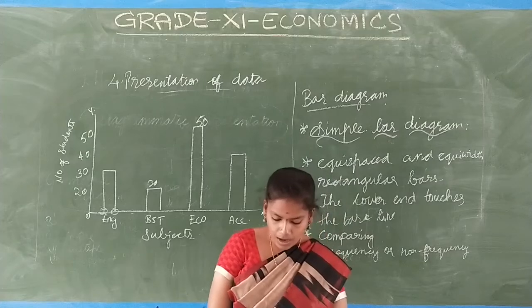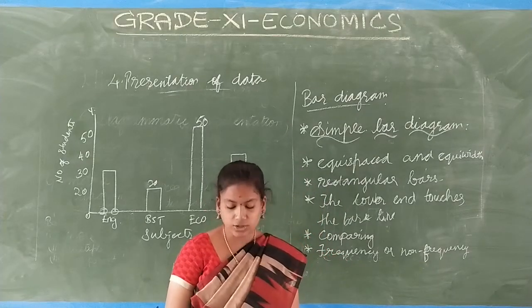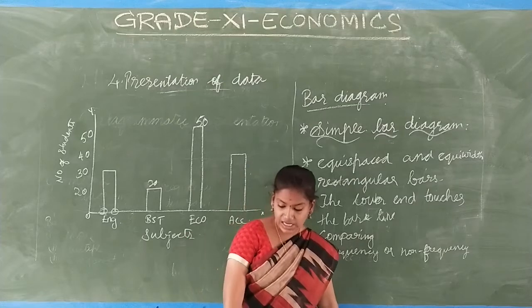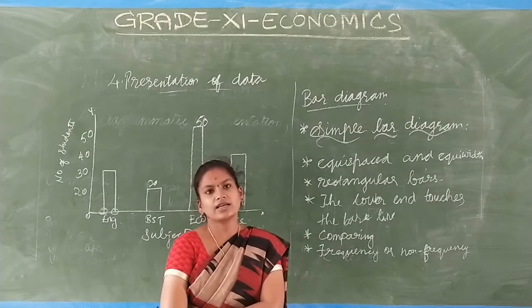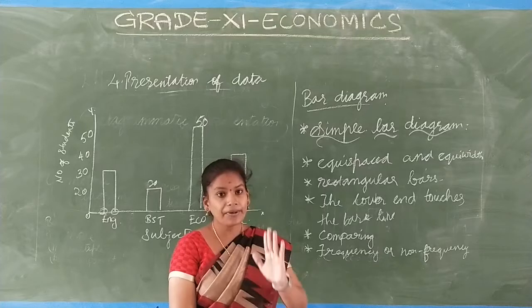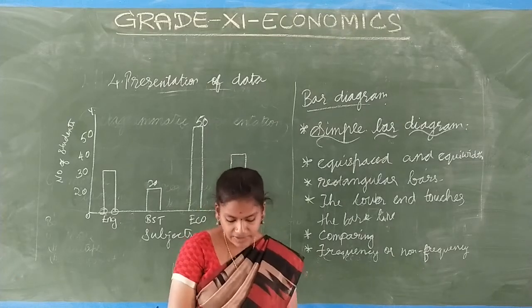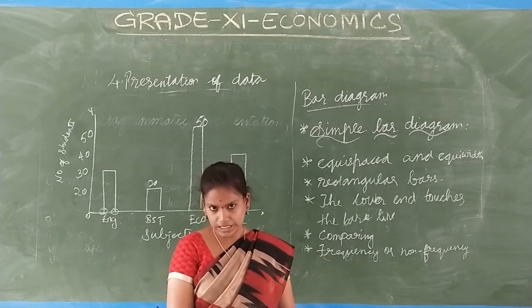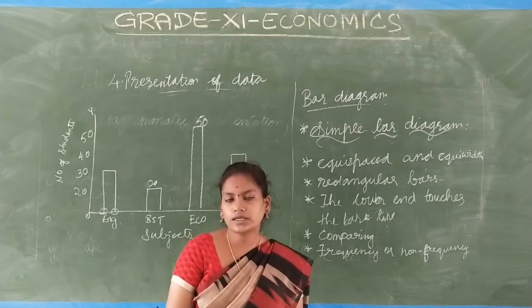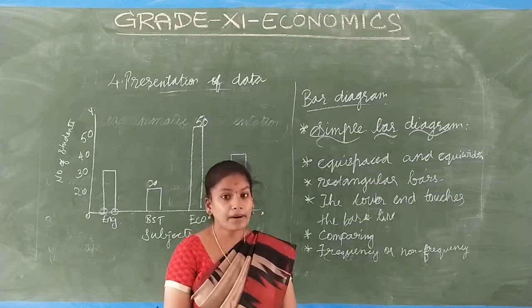For example, figure 4.1 shows male literacy rates of major states of India, 2011. This is an example for simple bar diagram. For your better understanding, first I have given you a tabular presentation. The same is presented using a diagrammatic presentation, especially a simple bar diagram.